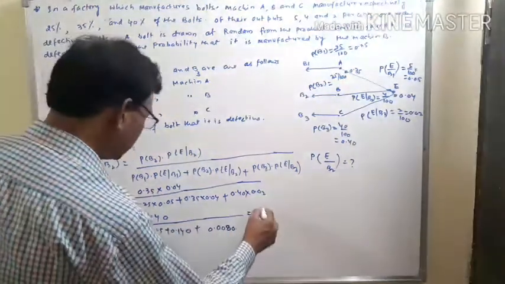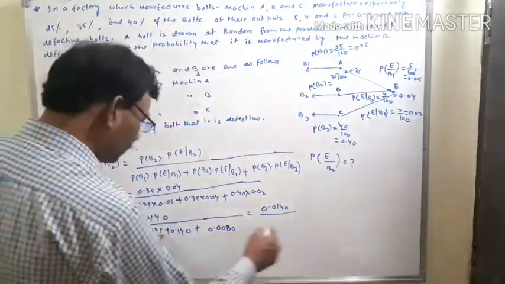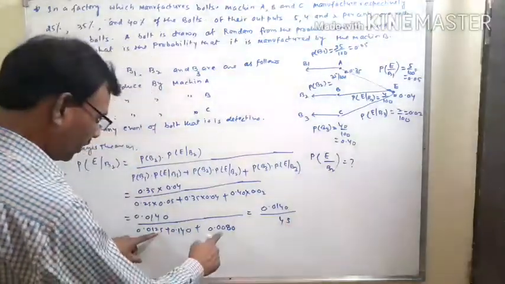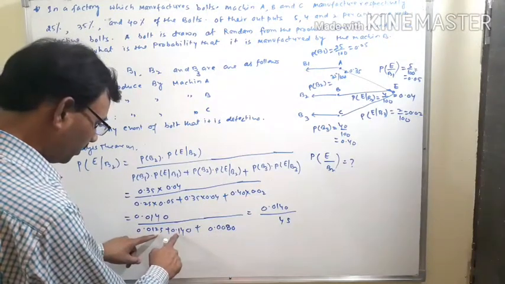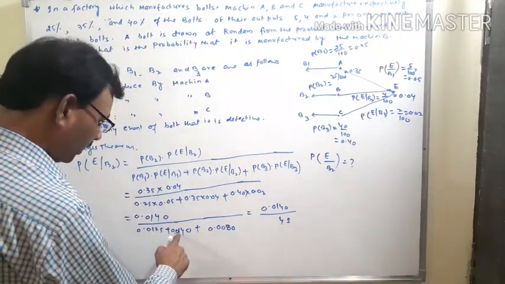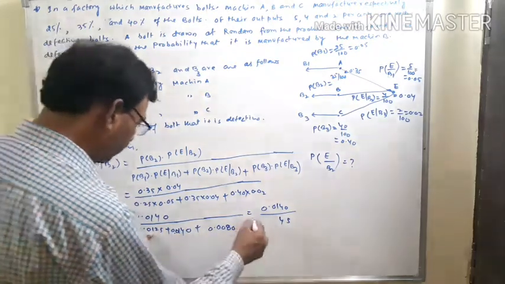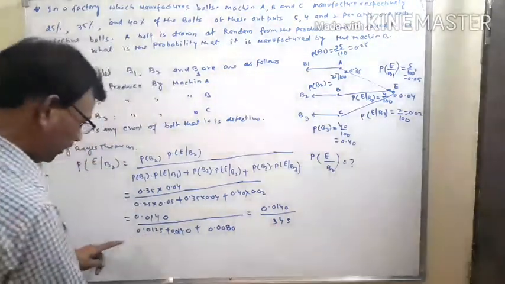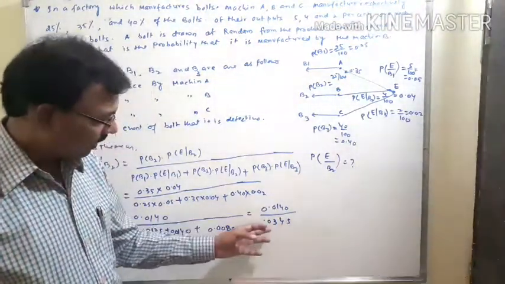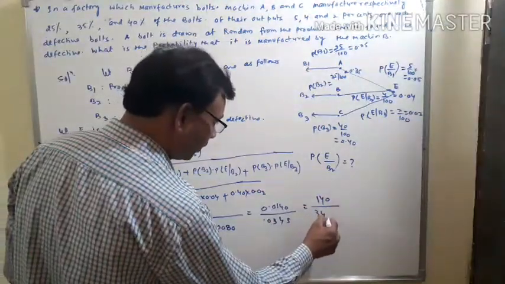Now we calculate it. This will be 0.0140 whole upon the sum, which will be 0.0345. So this is 140 whole upon 345.